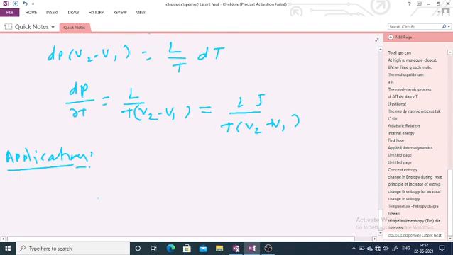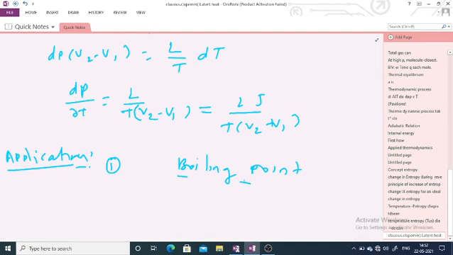Here a liquid is converted into the vapor state. When a liquid is converted into the vapor state, that point is called the boiling point. Now consider the effect of the change of pressure on the boiling point.